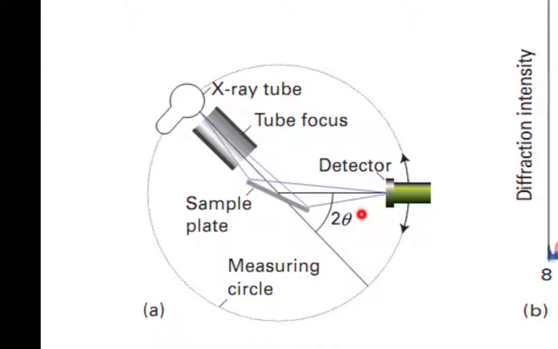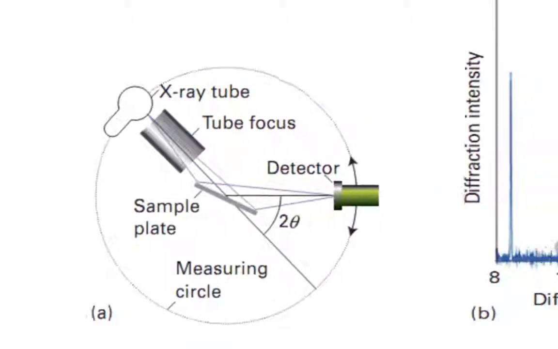Now the scanning of the detector around the sample along the circumference of a circle cuts through the diffraction cone at the various diffraction maxima, and the intensity of the X-rays detected is recorded as a function of the detector angle.